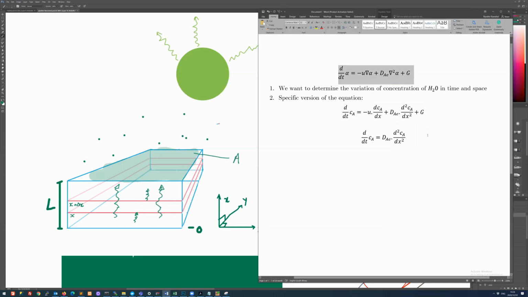So in fact, before writing the balances, let's write about the volume. So we are interested in the control volume.